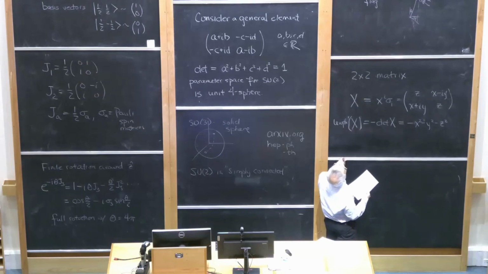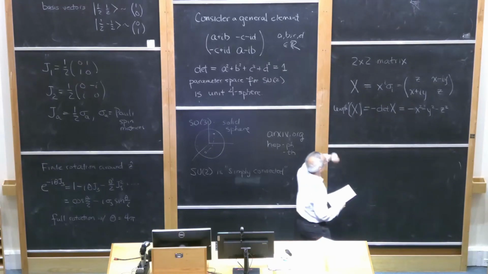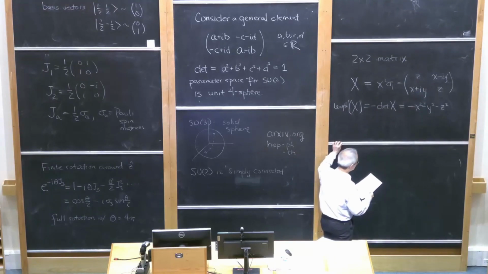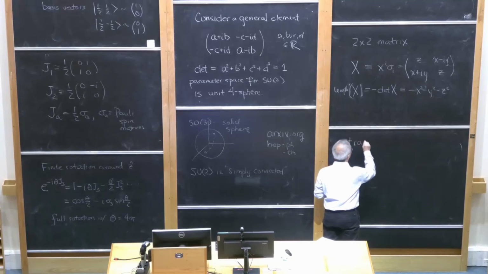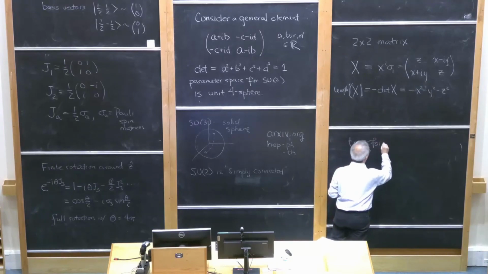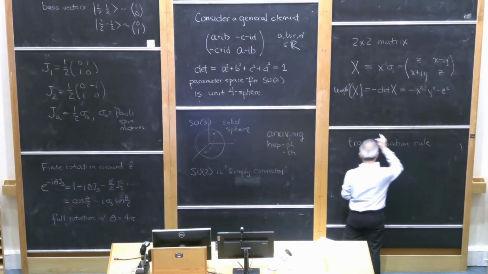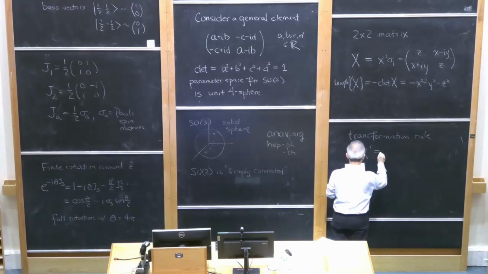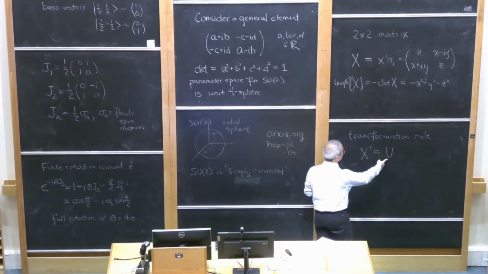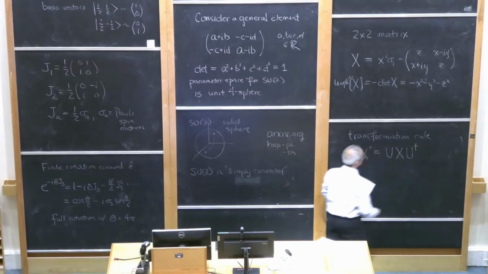Now, if you use this as a spinor, as the representation, as your j equals 1/2 representation, how do you do the transformation? Okay, so you have a transformation rule where you say x prime is equal to your 2x2 unitary matrix in a sort of similarity transform.